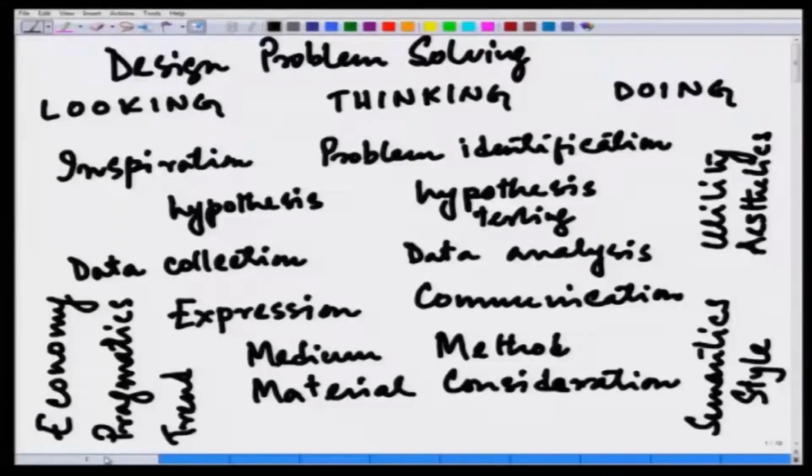In the process of design problem solving, we take into account three most interesting and useful aspects. One is we try to solve a problem by looking, by thinking, and by doing. You may shuffle them; you can just do, and the inspiration can follow. It can also happen that you do and think simultaneously, or you think and go by a preconceived idea and then implement it.